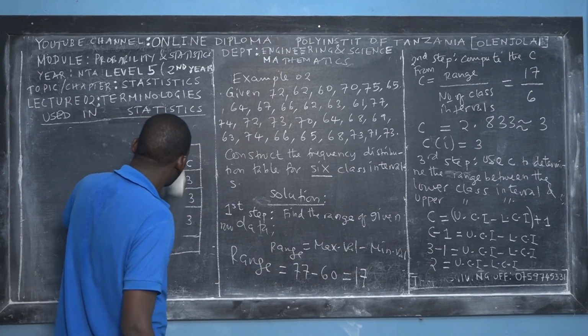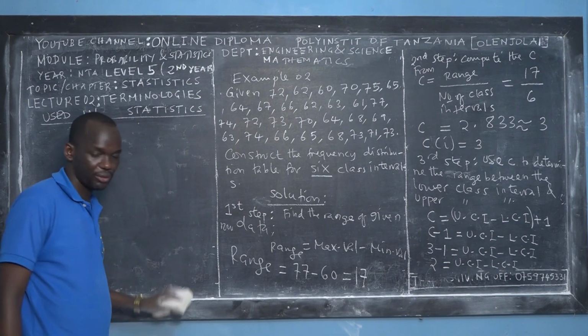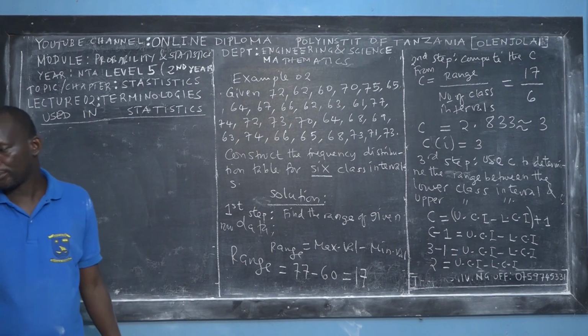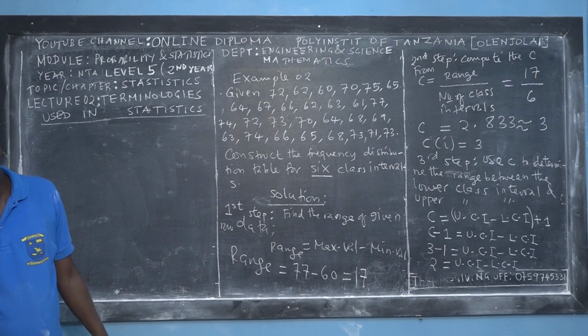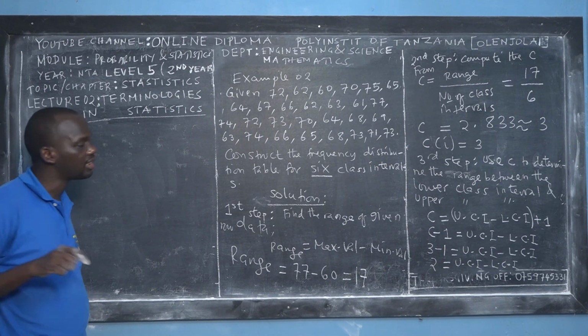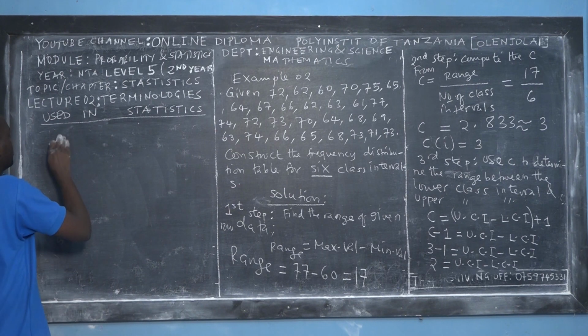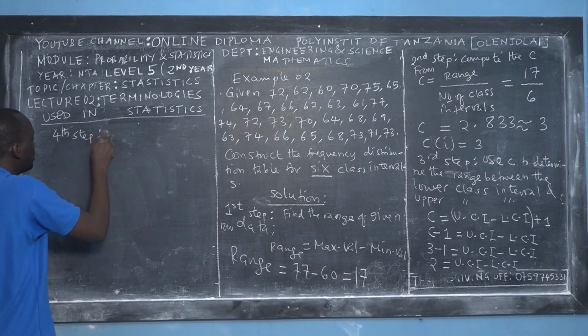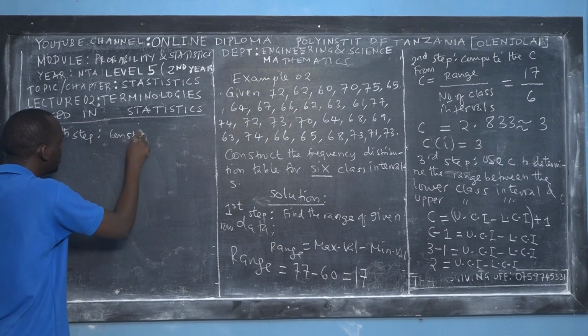So now we can start formulating our frequency distribution table, because we now know how to construct the frequency distribution table of the 6 class intervals. So that will be the first step. We can construct it now.